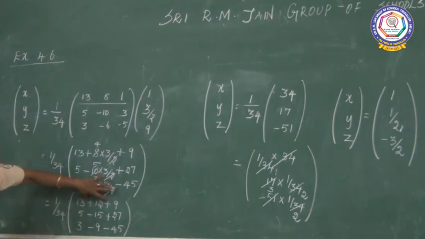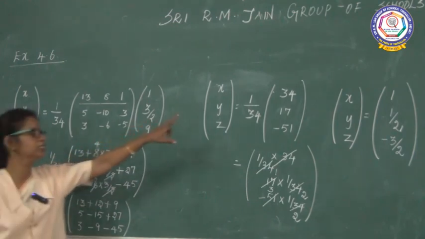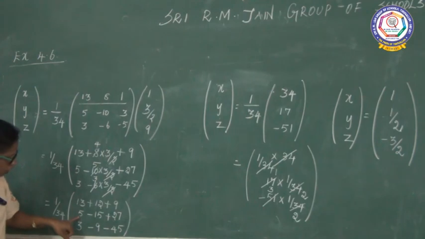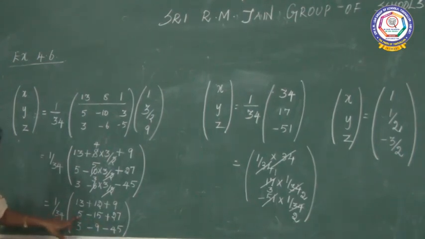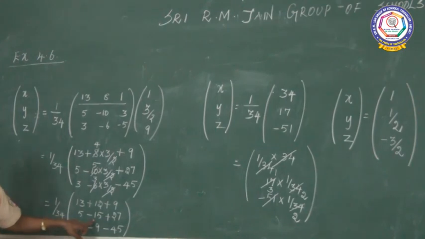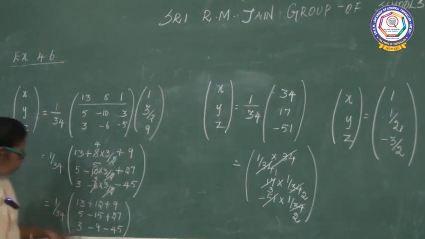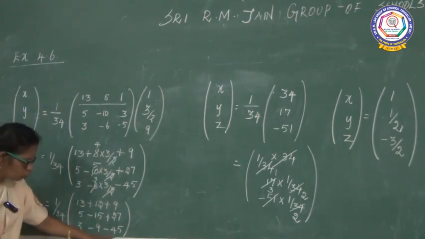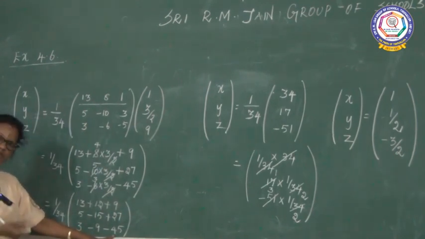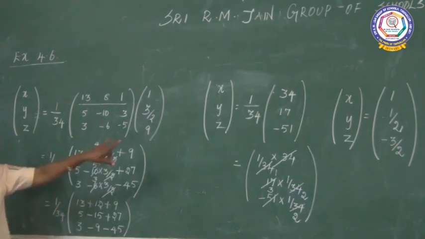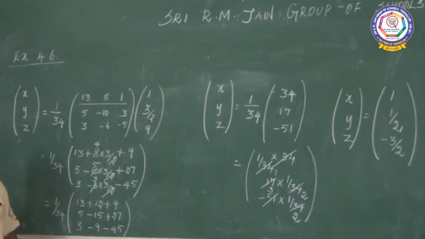Here everything is addition, so you can add it easily: 34. Here, do the subtraction and then the addition: plus 5 minus 15 is minus 10, plus 27 is 17. Here minus 9 minus 45 is minus 54, plus 3, I wrote it as minus 51.